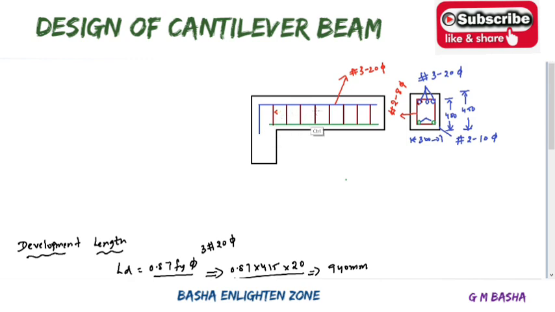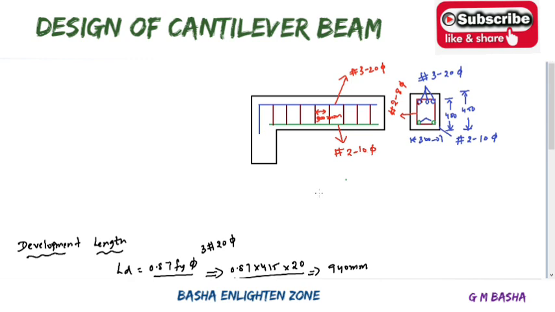So here I will mention the spacing, one bar between another bar, and this is the hanger bar which we are observing in the cross section. So that is hanger bars of two bars of 10 dia.